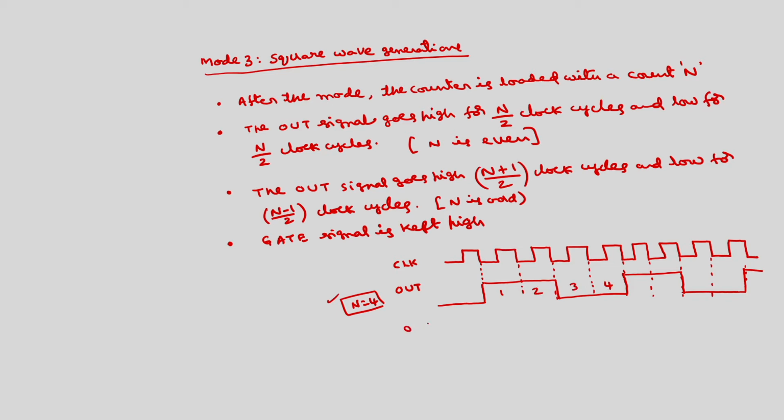Out in case of n equal to 5, which is odd. For n equal to 5, what is n plus 1 by 2? N plus 1 by 2 is 6 by 2, which is 3, and n minus 1 by 2 is 2. So 3 plus 2 becomes 5. So this out signal will be high for 3 clock signals and low for 2 clock signals.